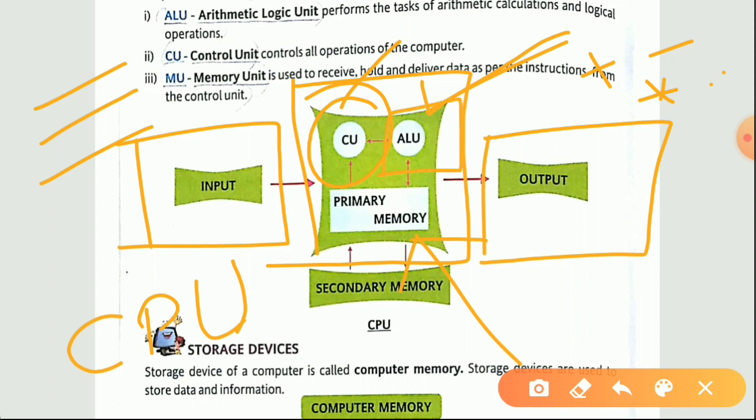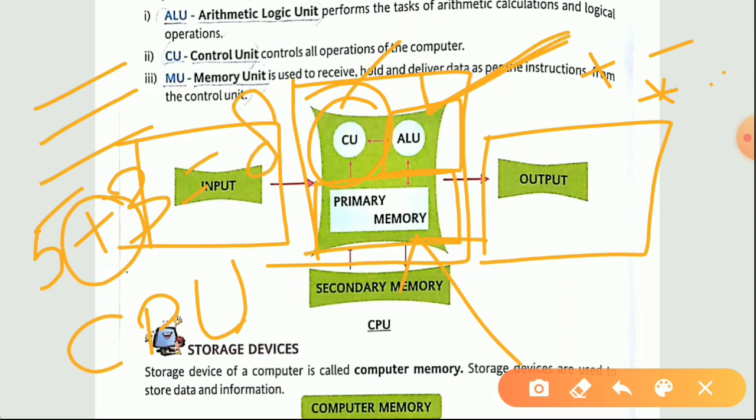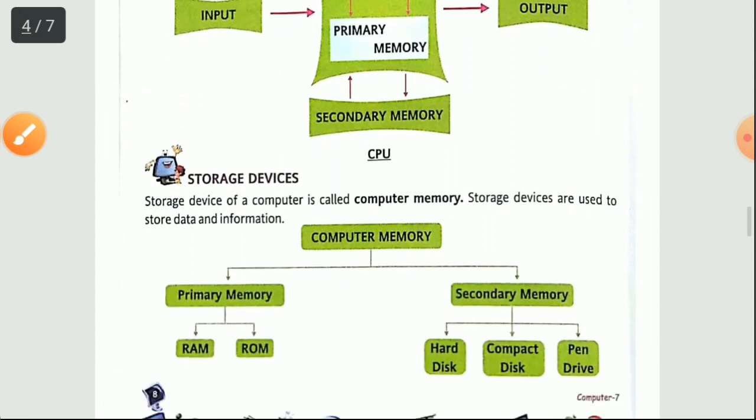And then the primary memory will be storing the results. Likewise, let us assume that you have given an expression 5 plus 3, then this addition will be performed by the arithmetic logic unit, and the result, that is 8, will be stored in your primary memory for a certain time being. Okay, now again we have seen some of the storage devices.